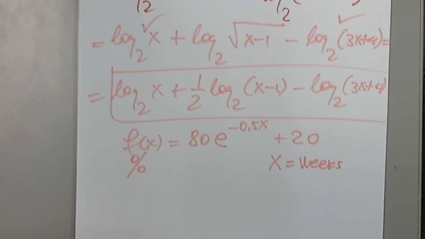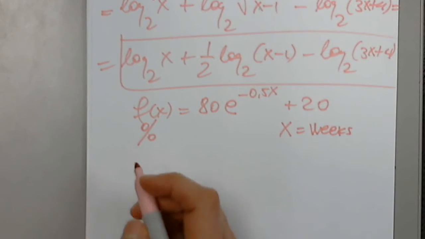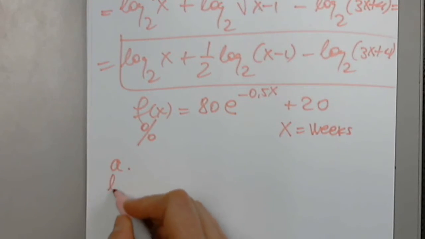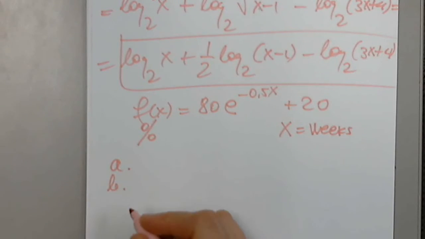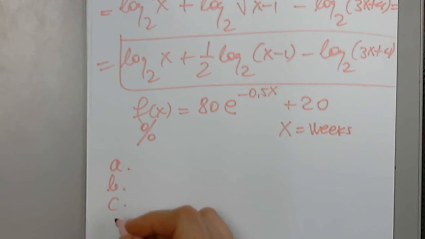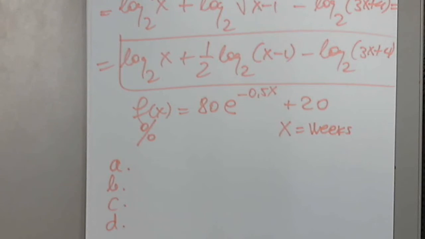Find the percentage of information remembered at the moment it is first learned, part A. In part B, after 1 week. In part C, after 4 weeks. In part D, after 52 weeks. So what am I asked to find in A, B, C, D? And then we'll look at E.